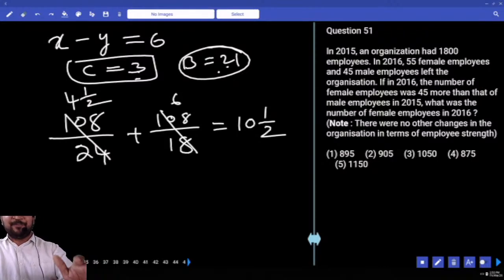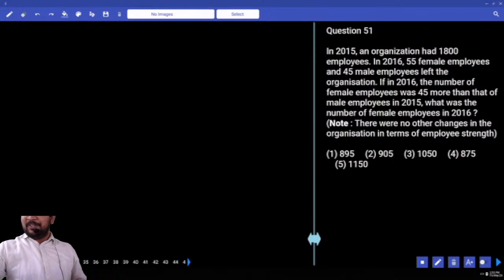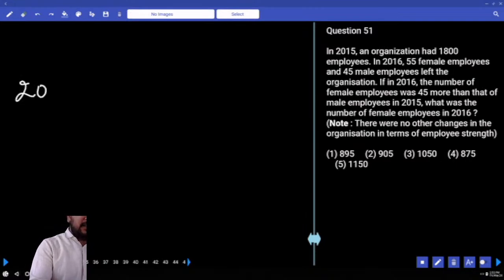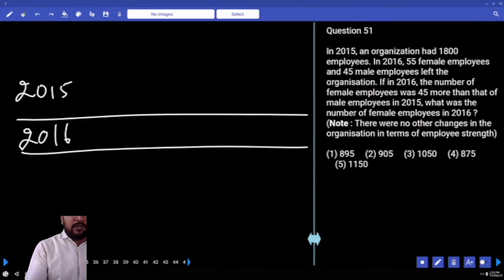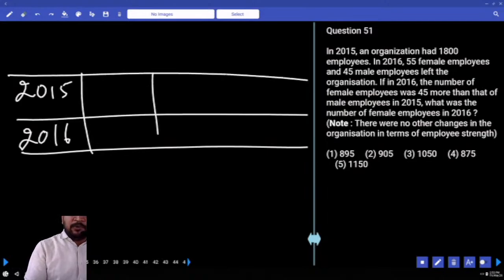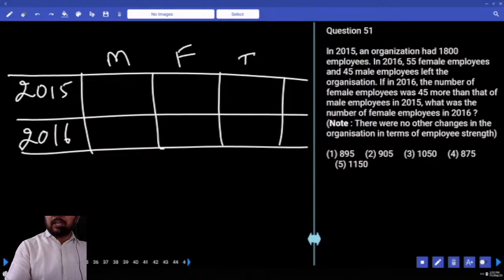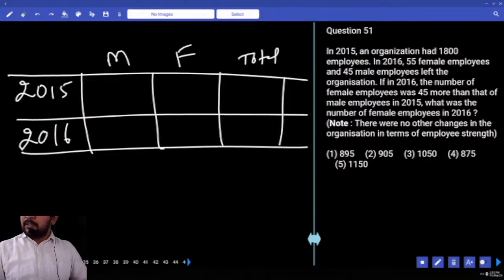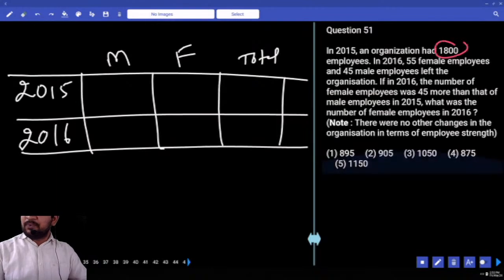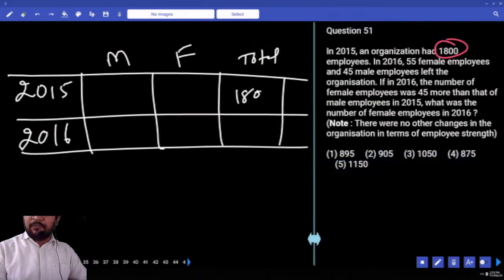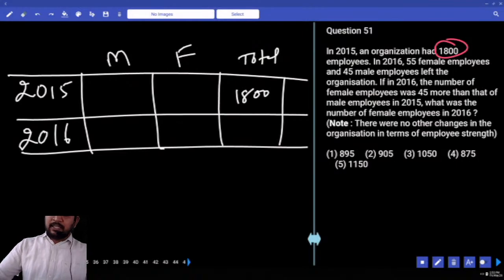Okay, no problem. Now here 2015, 2016, they have given male, female, total, male, female, total. Are you clear? Now they have given that in 2015 the total strength is 1800.